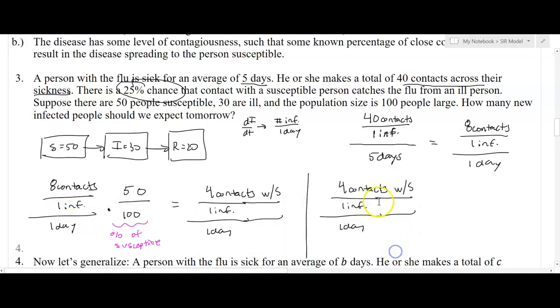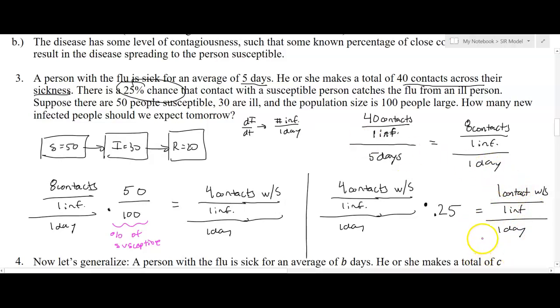And so there we have our rate, and now we know that only 25% of those contacts are going to result in an infection. So we'll multiply this by the 25% chance, and so we're only going to get one contact with susceptible per one infected per 1 day, and this is the number of new infections.